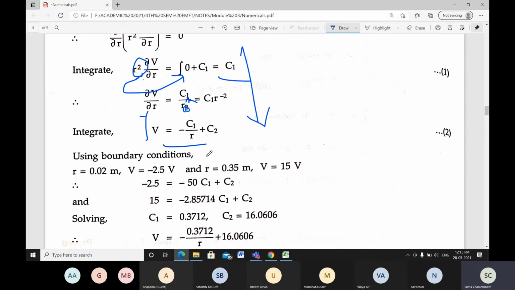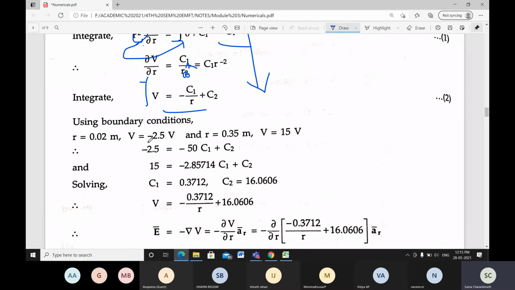Then using boundary conditions, at r equals 0.02, the voltage is minus 2.5, and at r equals 0.35, V is going to be 15 volts. Then substitute in the equation. When V is minus 2.5, r is 0.02.